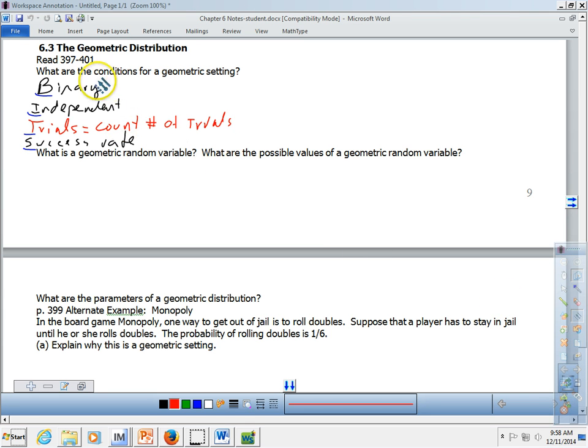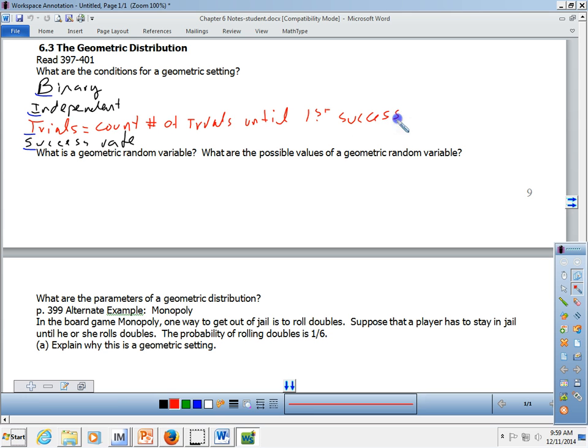So the bottom line here is geometric and binomial are exactly the same, except in binomial we know the number of trials we have. Geometric, we're counting the number of trials until a first success.